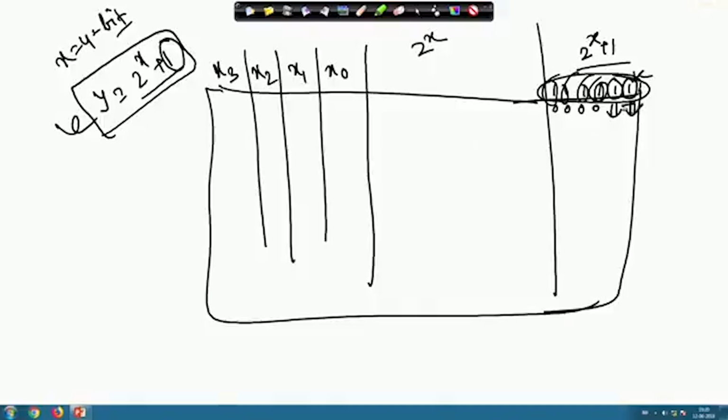Why? Because this carry affects the corresponding bit, and then why does it not traverse to the MSB side? Because in 2 to the power x, the output we get is like 1, 2, then 4, then 8, something like this.